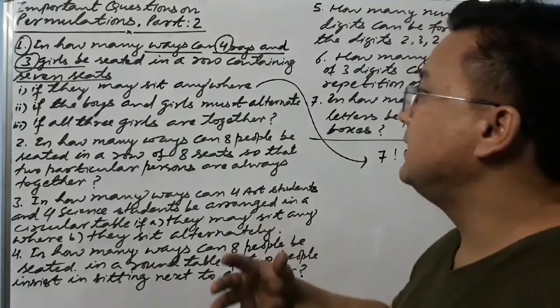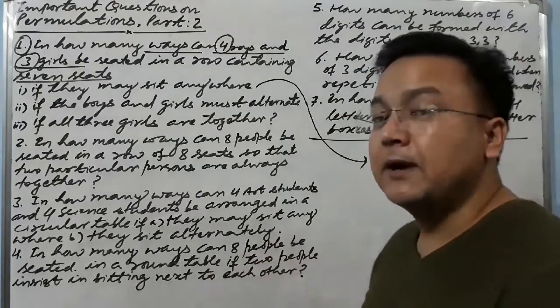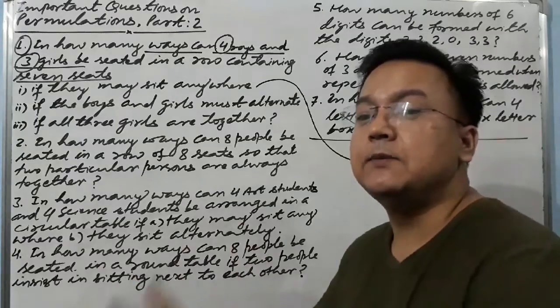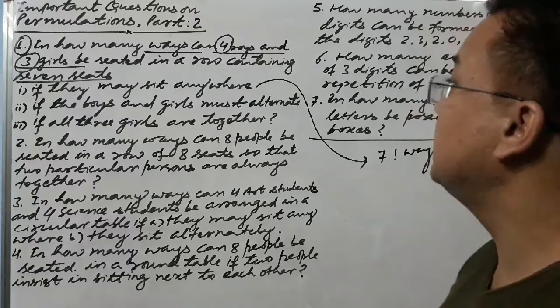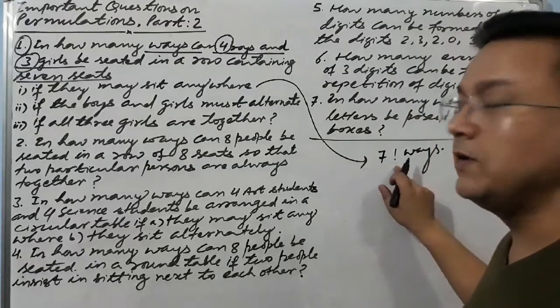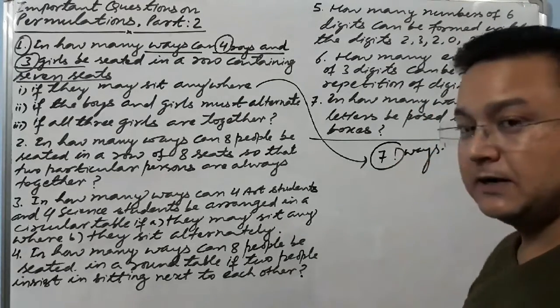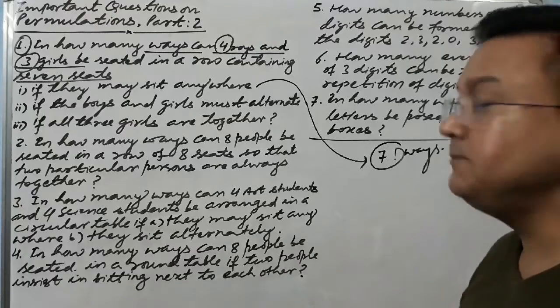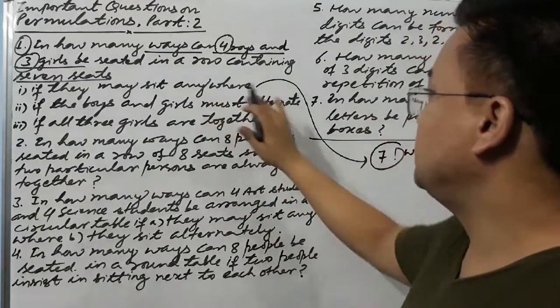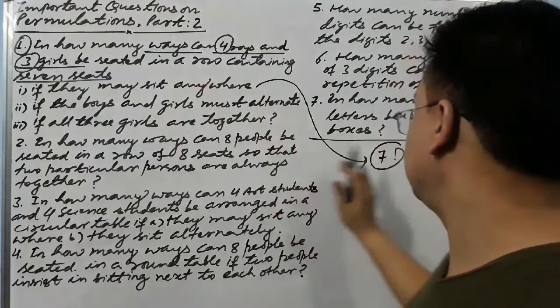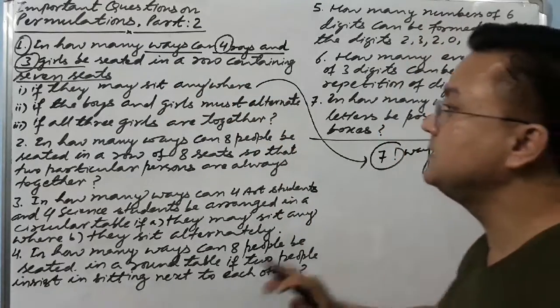Seven persons can be arranged in seven seats in seven factorial ways, because we are taking all objects at the same time. So a very easy part of this question, just 7 factorial ways.